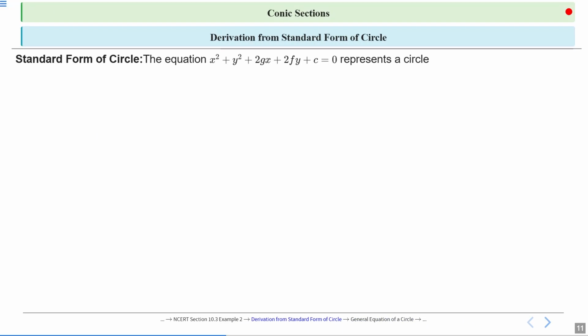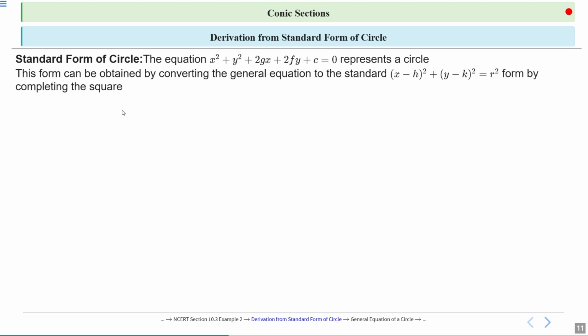So here we will see the general form of a circle, that is, the general equation of the circle. The equation x square plus y square plus 2gx plus 2fy plus c equal to 0 represents a circle. This form can be obtained by converting the general equation to the standard form.